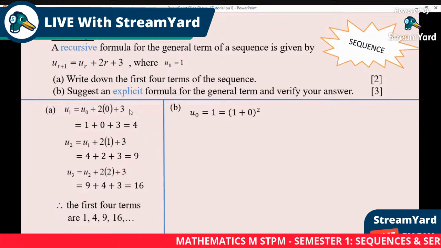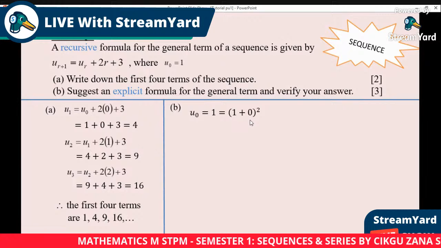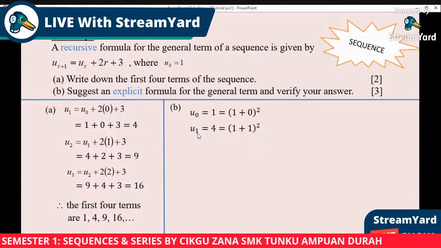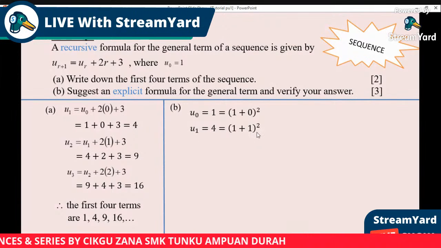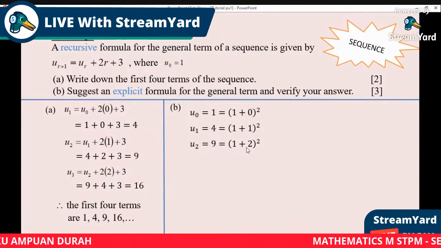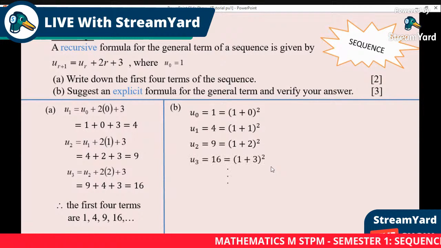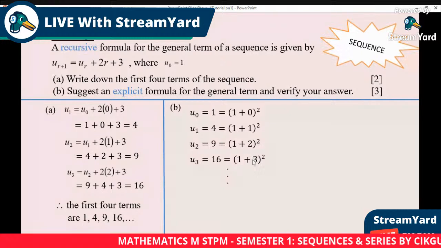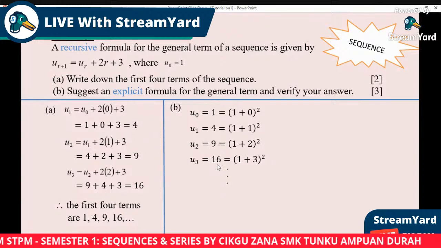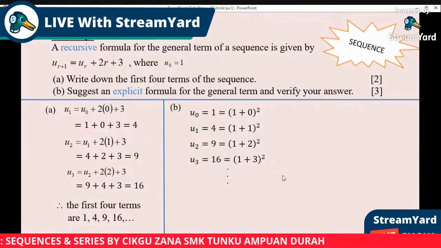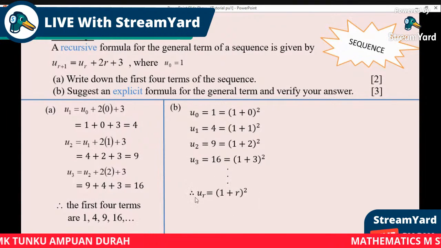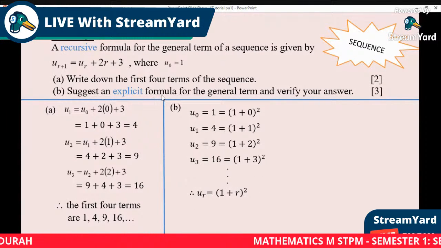But because of the r, I have to put r here as 0. Then here your r is 1, so 1 plus 1, 2 squared is 4. When r is 2, 1 plus 2 squared, we have 9. When r is 3, 1 plus 3 squared. The main thing is you have to show your r, how you substitute your r to get the fourth term, 16. And lastly, the r-th term, you have 1 plus r squared. So this is how you suggest the explicit formula.